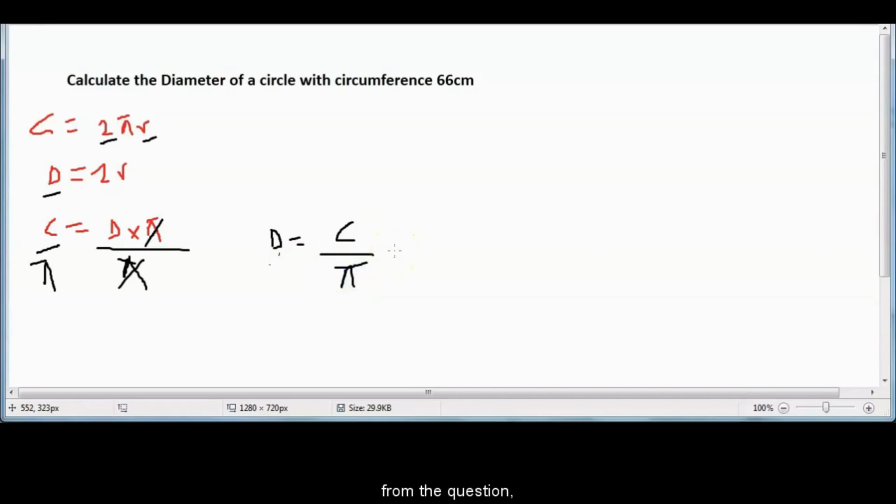So from the question, the circumference, which is C, is 66 centimeters.